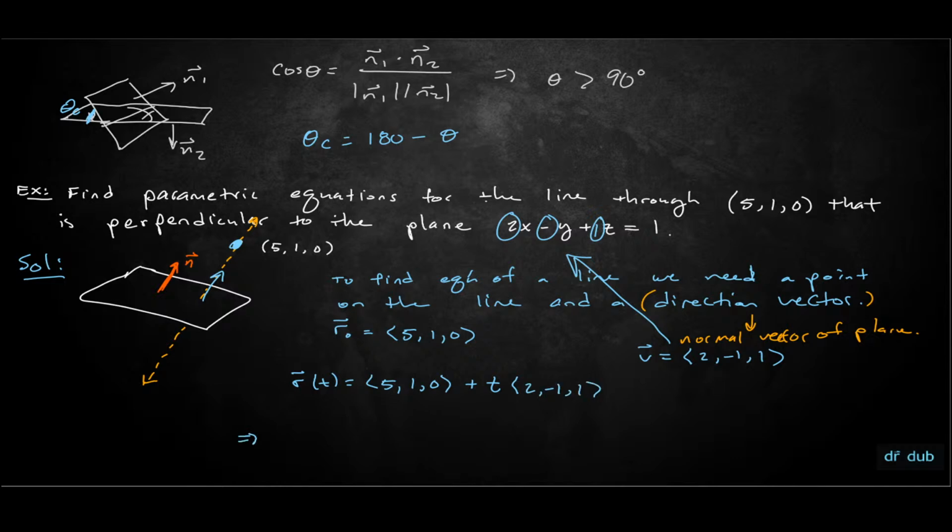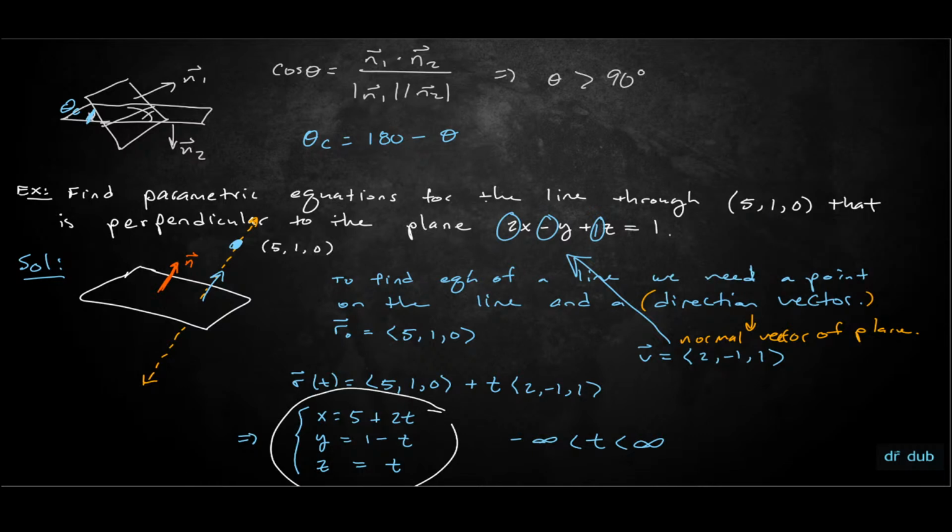And so we get the parametric equations x equals 5 plus 2t, y equals 1 minus t, z equals t. t ranges from -infinity to infinity. And that's our solution. Any questions about that?